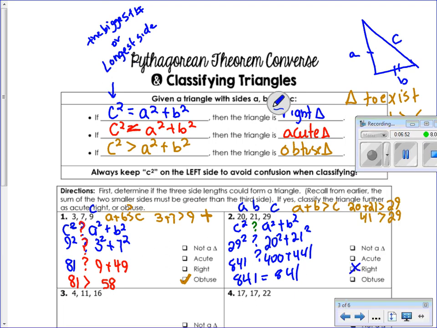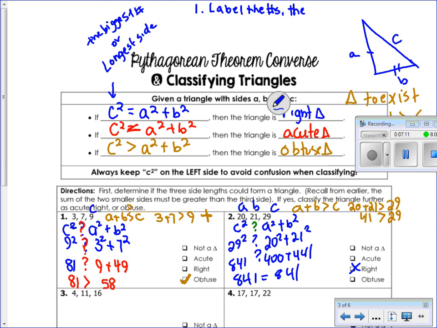So what I'm going to need you to do, label your numbers. Your biggest one is always C. Then you're going to check whether or not this is a triangle. So write down the things you need to do. Number 1, label the numbers.